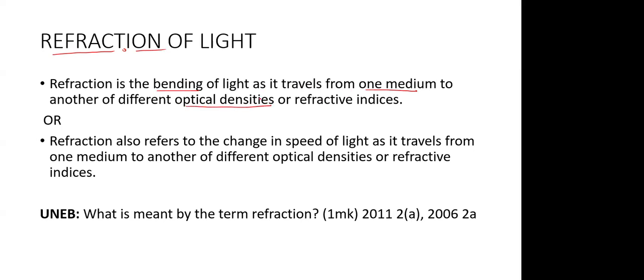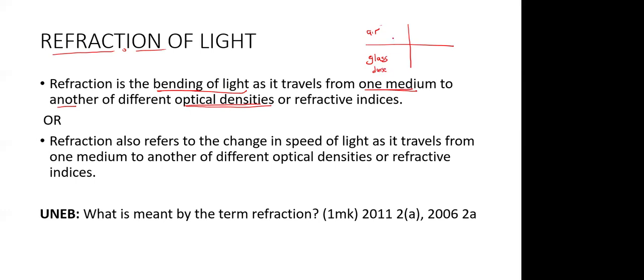Now, when you are defining, these are the keywords. One, there must be bending of light. Light must be traveling from one medium onto another, and those media through which light is traveling should be of different optical densities. An example: if this is air and this is glass, when light is traveling through air, light will travel very fast because air is a less dense medium and glass is a dense medium.